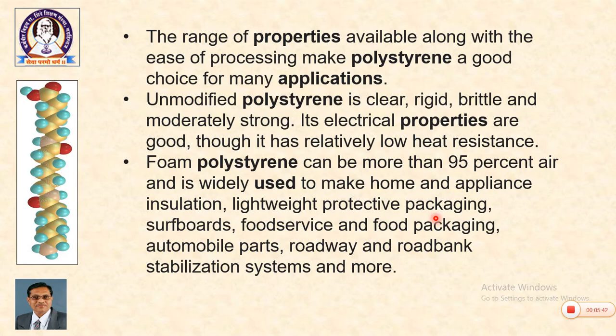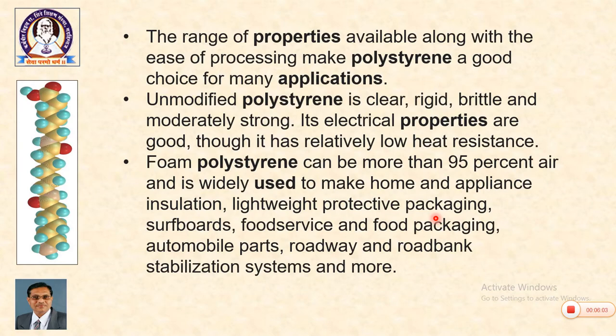The range of properties available along with the ease of processing make polystyrene a good choice for many applications. Unmodified polystyrene is clear, rigid, brittle and moderately strong. Its electrical properties are good, though it has relatively low heat resistance.